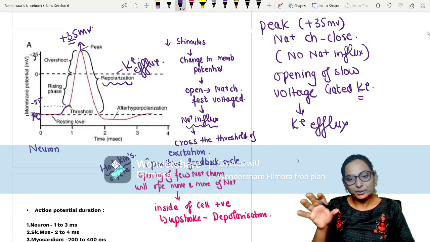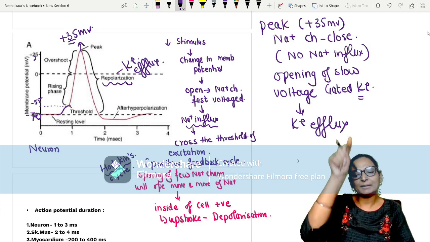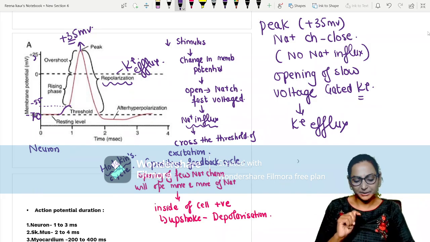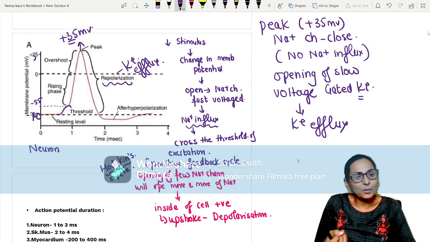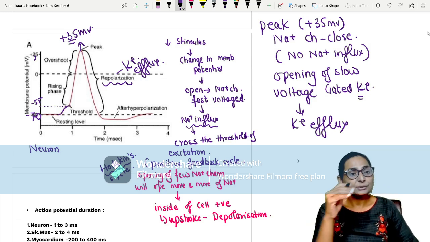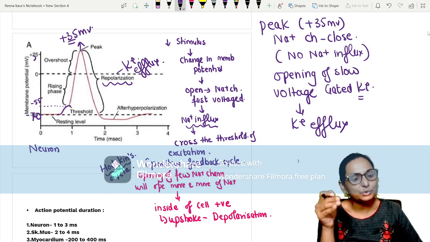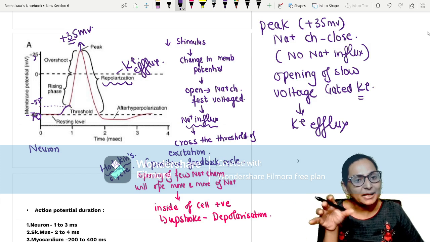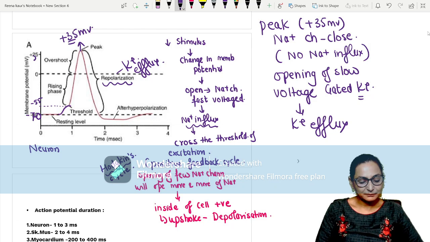It is very important for the repolarization to occur, because repolarization means you are getting the membrane back towards RMP. Otherwise, the membrane will be positive, and itna positivity is not going to work, because you cannot bring the next action potential till you come to your RMP. जब तक आप RMP पे नहीं आओगे तब तक आपका नेक्स्ट पोटेंशियल कैसे आएगा, है ना?